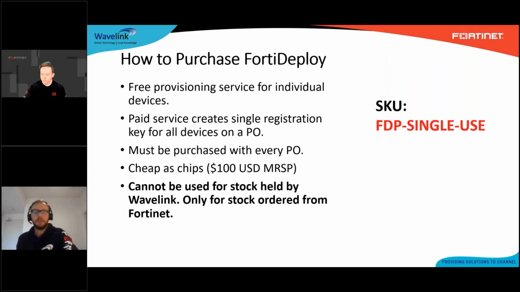But if you have any questions about that or need any further clarification, at any point the sales operations team are fully aware of how this is ordered. So if you have any questions about, hey, I would like FortiDeploy on this purchase order, is it applicable, or would we need to have it delayed because we'd need to place the purchase order with Fortinet, just ask them and they'll be able to get back and let you know whether we would need to purchase this directly with Fortinet or what will happen.